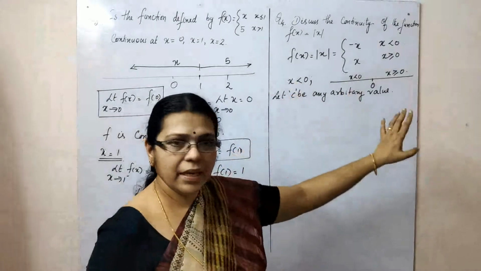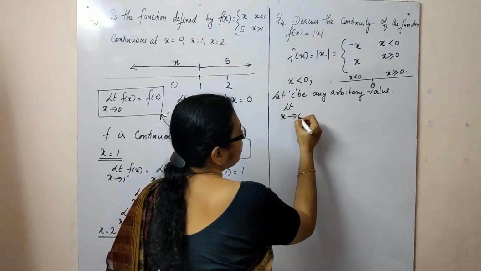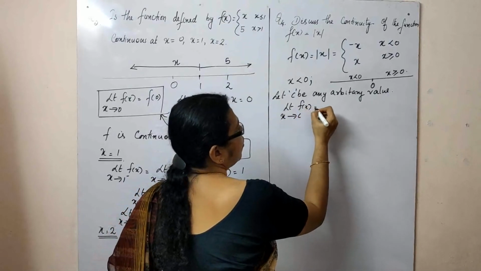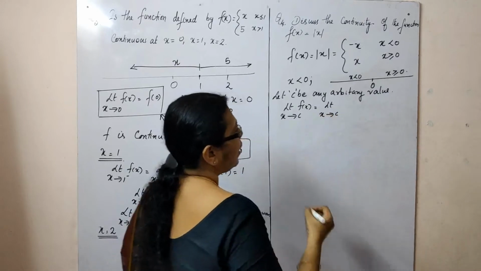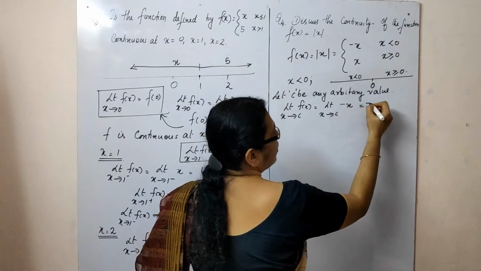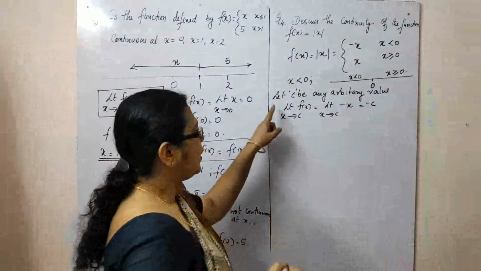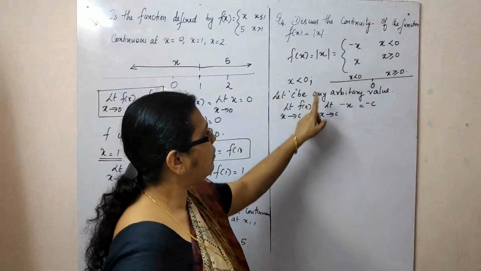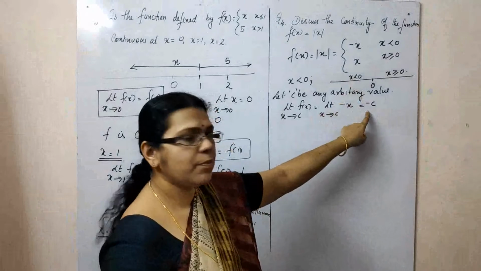Let c be any arbitrary value such that limit x tends to c of f of x will be what? The value is minus x, which is equal to minus of c. So limit x tends to c f of x for any values lesser than 0, I get as minus of c.